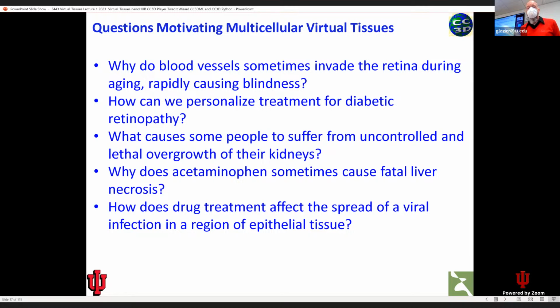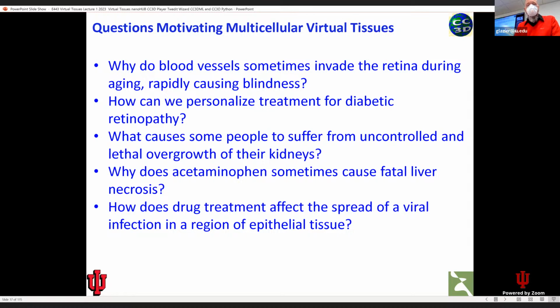What causes some people to have something called polycystic kidney disease, where the kidneys never stop growing? You wind up dying in your 50s with kidneys the size of watermelons. I had a long-term collaborator who was a surgeon who worked on that.